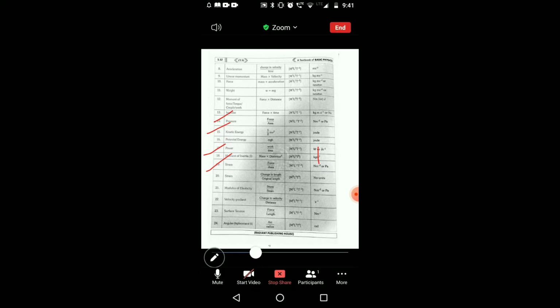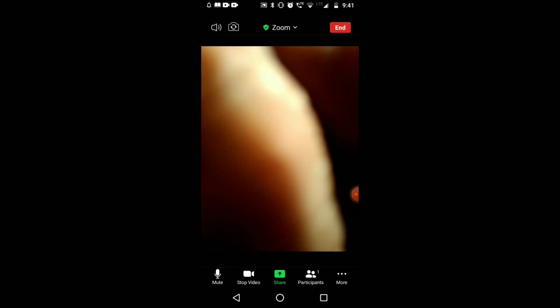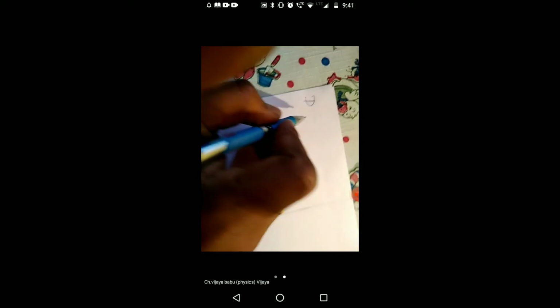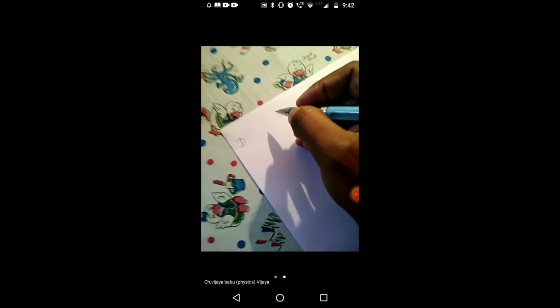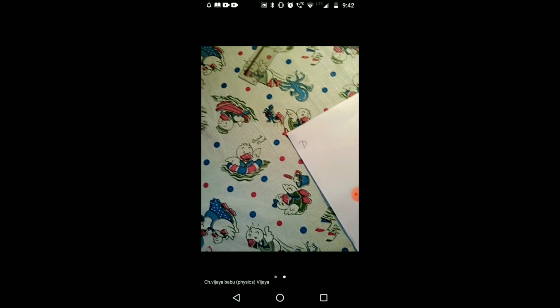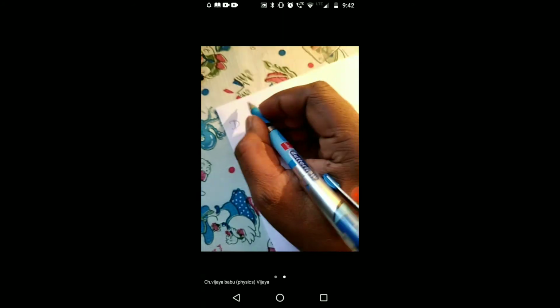Now see here. Now I am going to write the dimensional formula of the first dimensional formula.